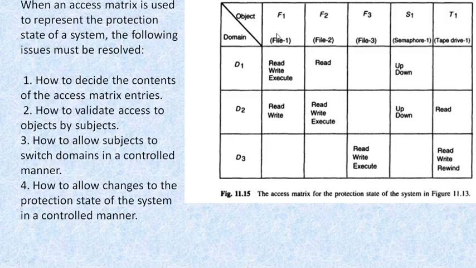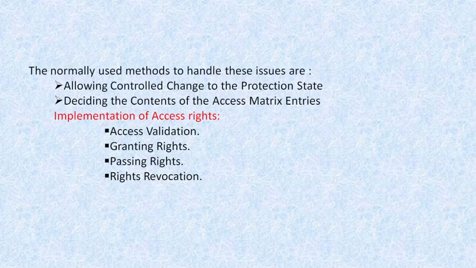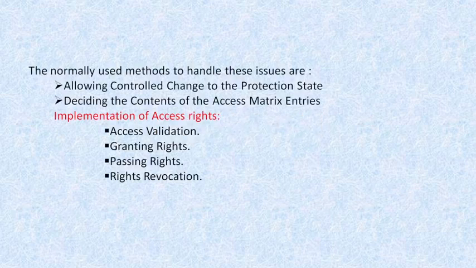That is nothing but, on D1, on the F1 object, what type of operations the D1 domain can perform. Okay. And the next is allowing controlled domain switching. And we have discussed that by allowing controlled change to the protection state, we can achieve those through column entry changes and row entry changes.